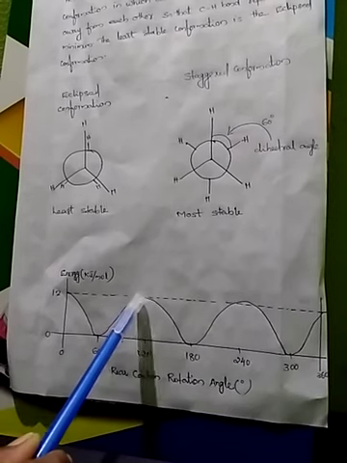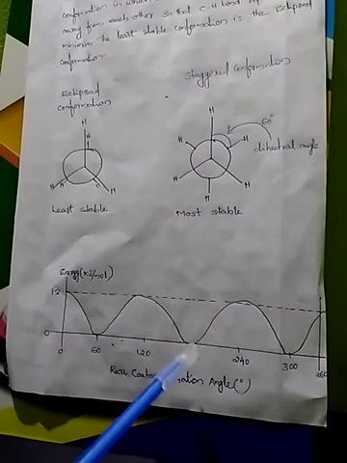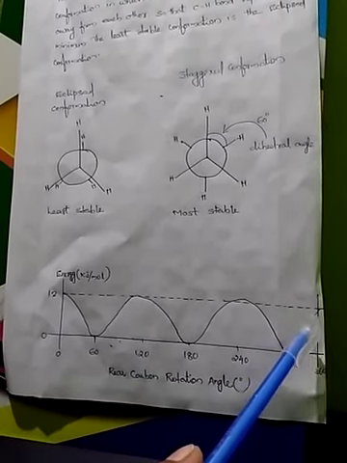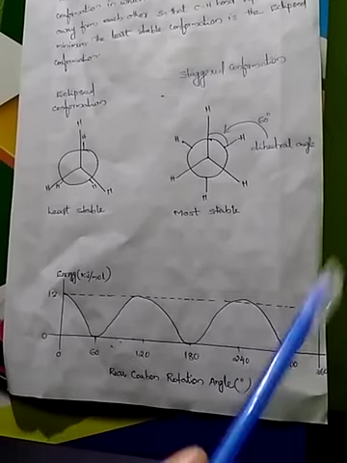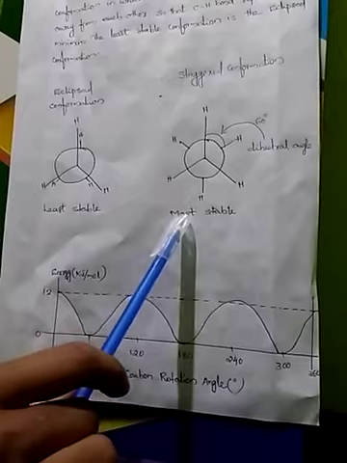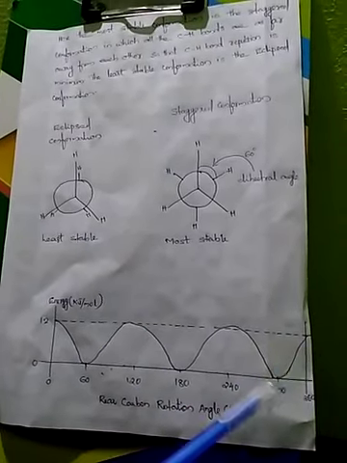After 60 degrees, when it reaches here, it is converted into eclipsed, then staggered, eclipsed, staggered. Like this it goes on. So the staggered conformation, in the case of the ethane molecule, is the most stable one. That is the conclusion. Thank you.